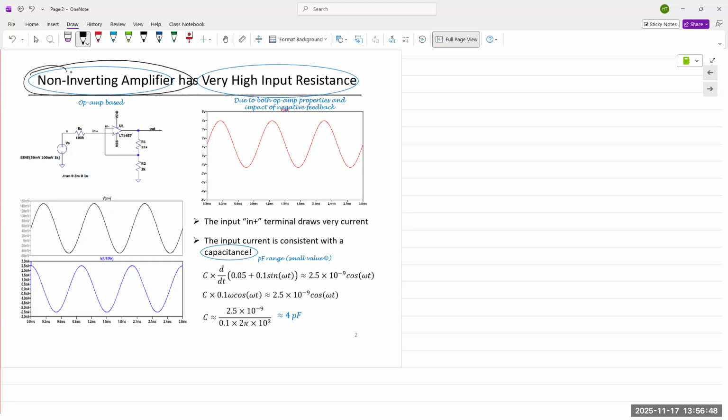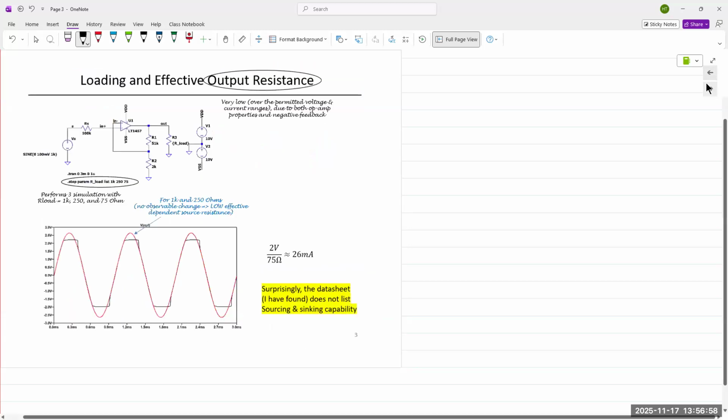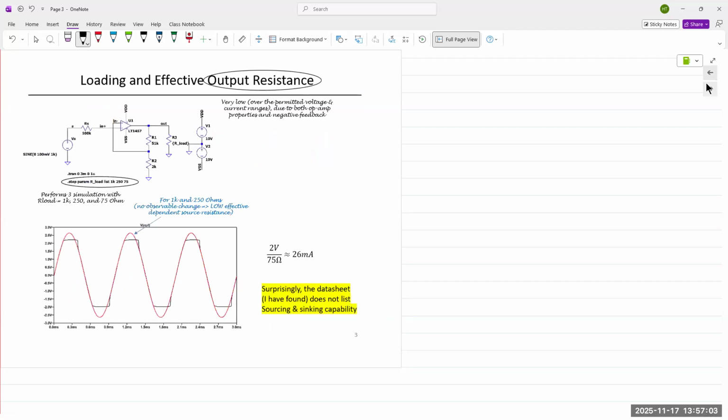The input current can also be modeled as charging a capacitor, and that's shown right here. On the output side, the output has low resistance, so it can source output current.